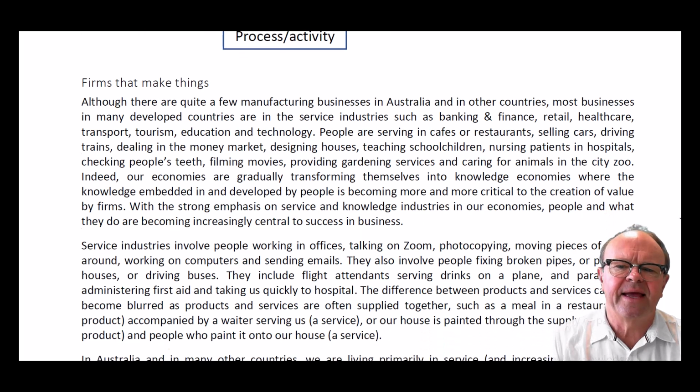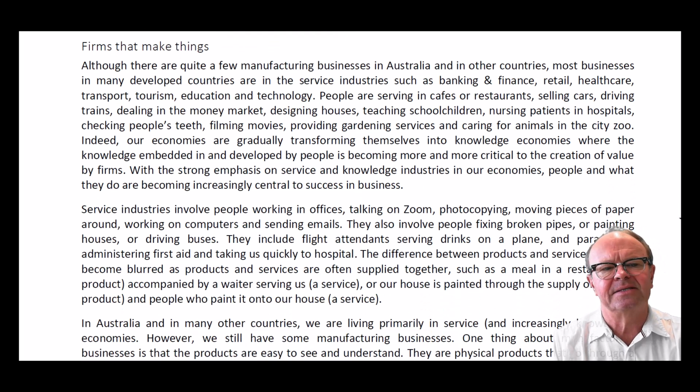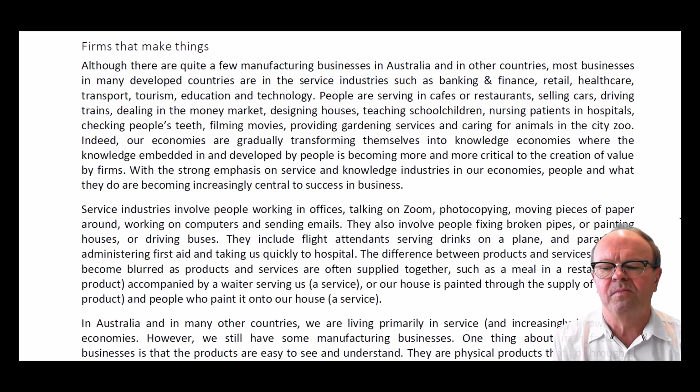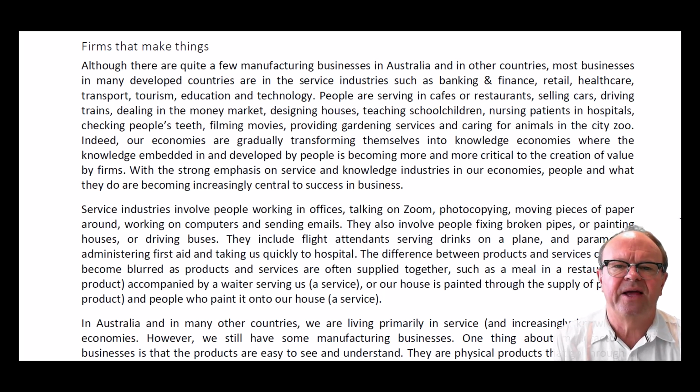People are serving in cafes or restaurants, selling cars, driving trains, dealing in the money market, designing houses, teaching school children, nursing patients in hospitals, checking people's teeth, filming movies, providing gardening services, and caring for animals in the city zoo. Indeed, our economies are gradually transforming themselves into knowledge economies, where the knowledge embedded in and developed by people is becoming more and more critical to the creation of value by firms.